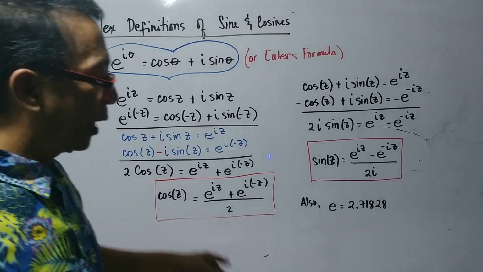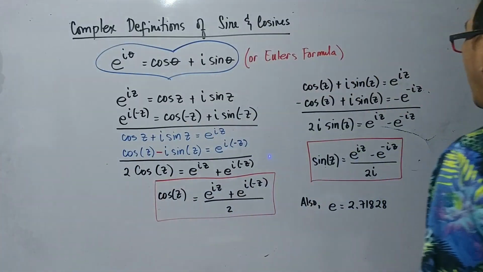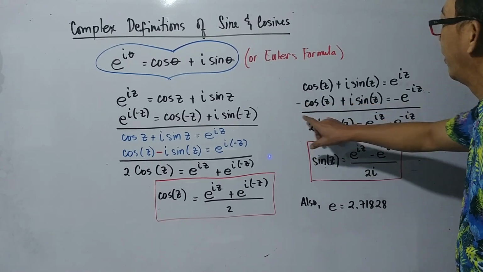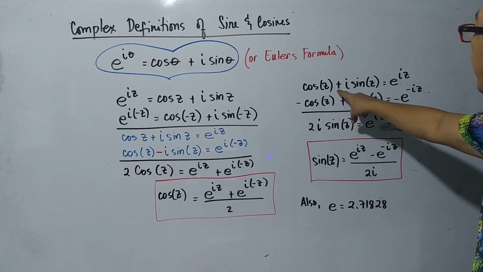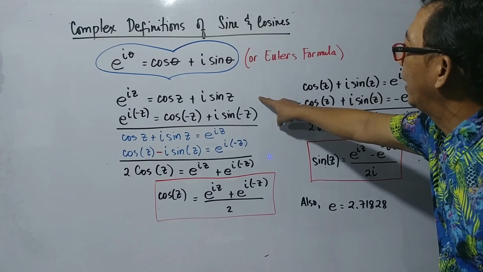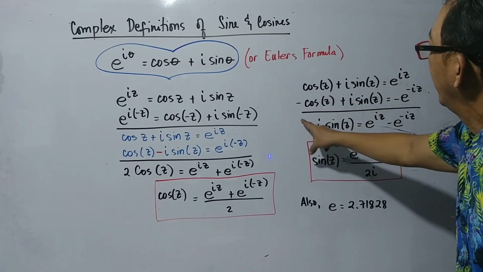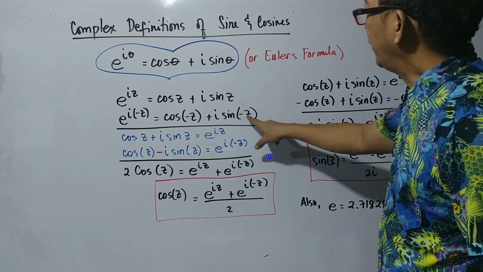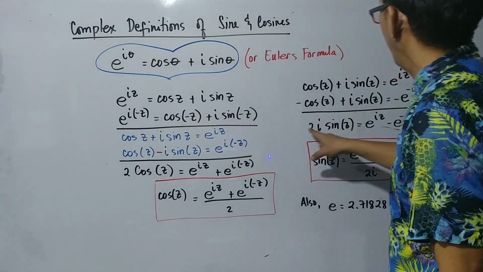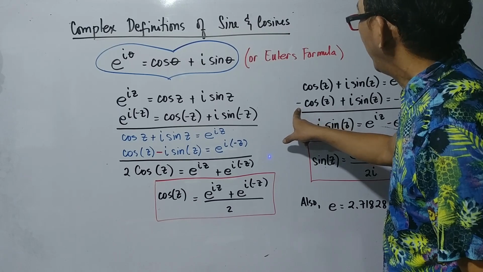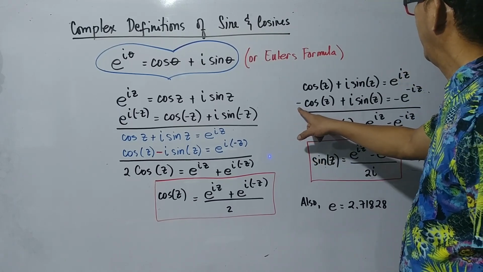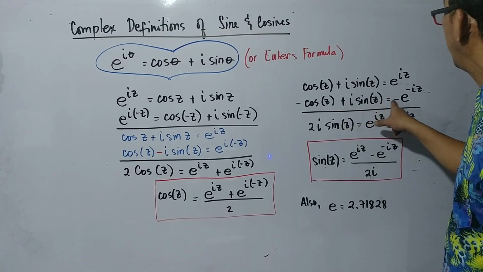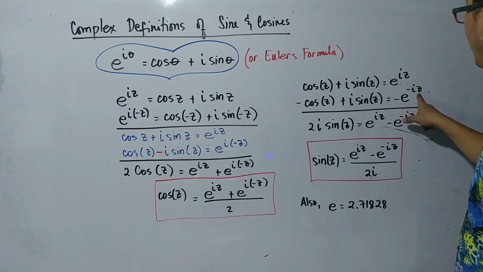On the other hand, to derive the value of your sine with respect to e, you have to consider the same thing here, but you recopy the first one. Then, instead of using the negative sign for the angle, you bring it outside for the cosine. So you have now negative cosine z plus I sine z equals negative e to the negative iz.